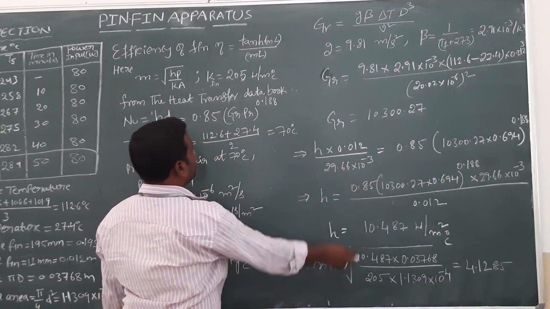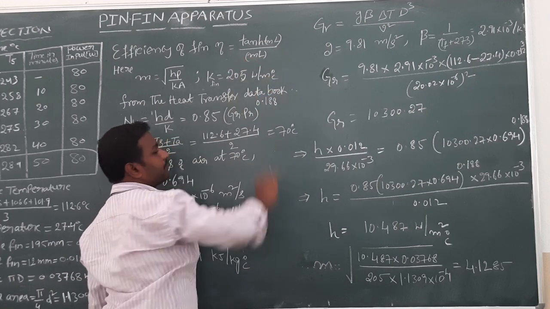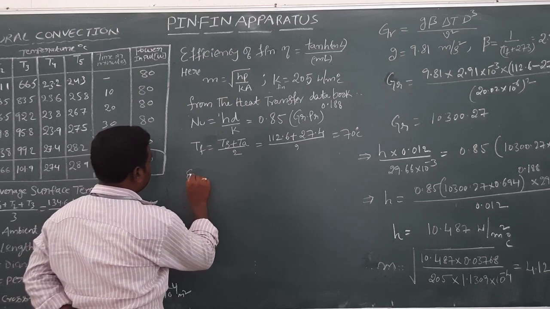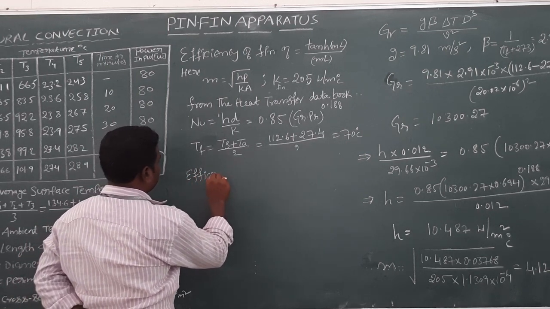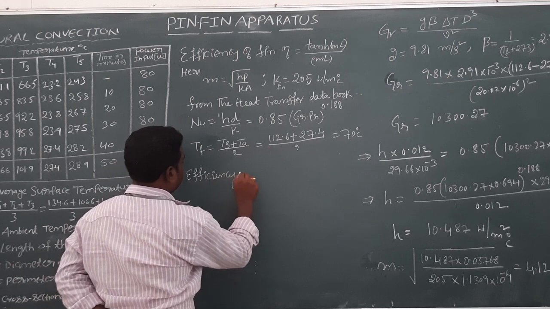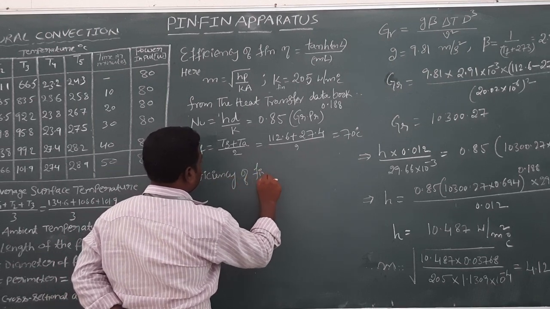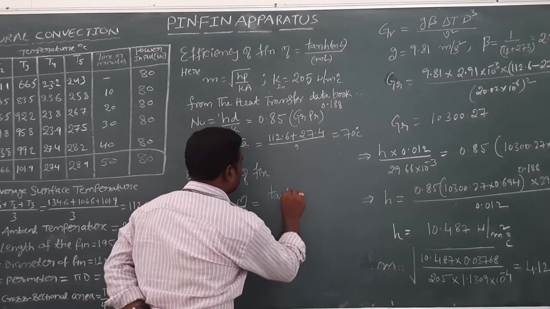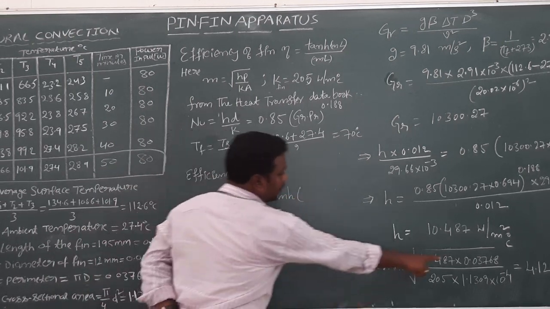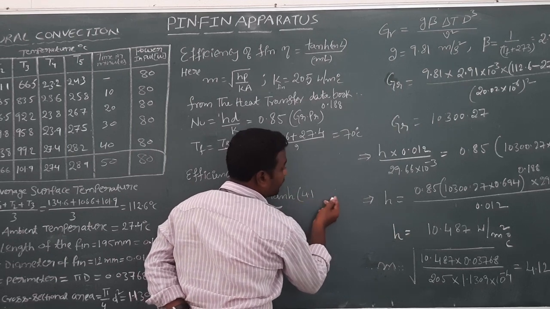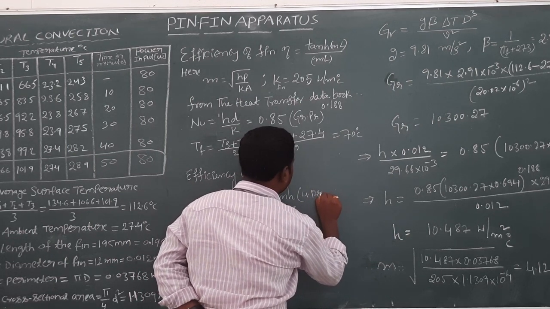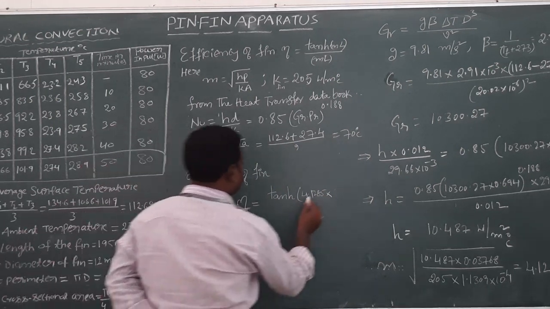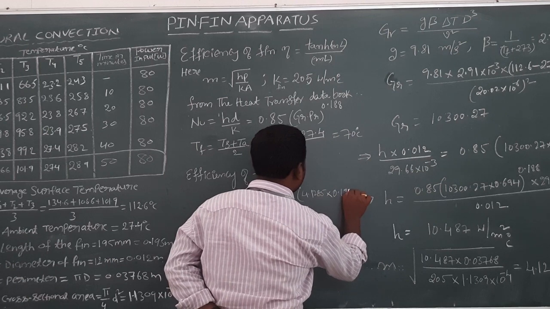So substituting the values of m and L in this equation, we will get the efficiency of the fin. Calculate the efficiency of the fin here: tanh(mL) divided by mL. Already calculated the m value, substitute here 4.1285. The L value is already given in the specifications, length of the fin 0.195.